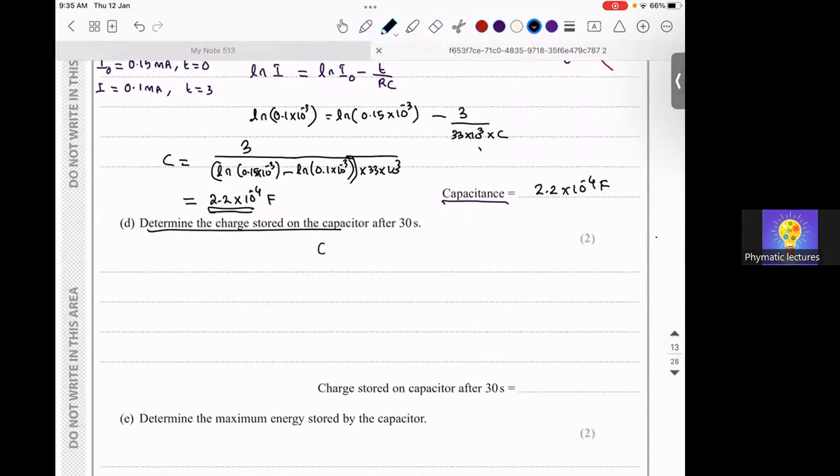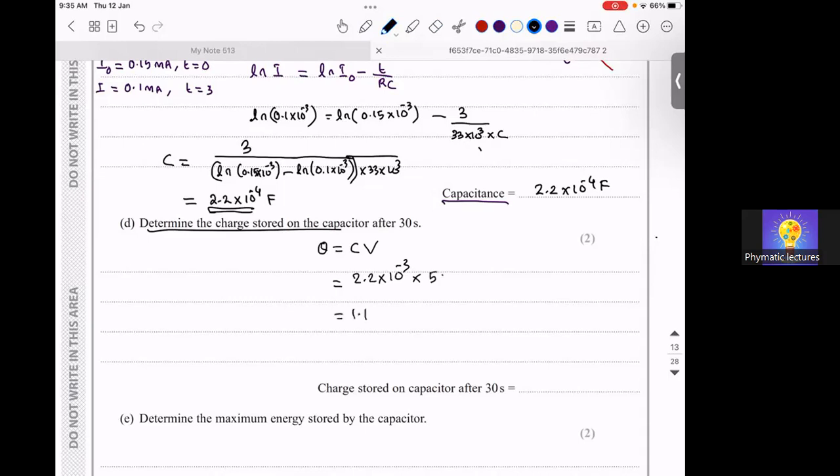Even we can use another formula, because directly we'll get the value. The charge stored on the capacitor, Q is equal to C into V. Maximum charge stored on the capacitor, capacitance we already got 2.2 into 10 raised to minus 3. Since after 30 seconds maximum charge is stored, the potential between them is 5.